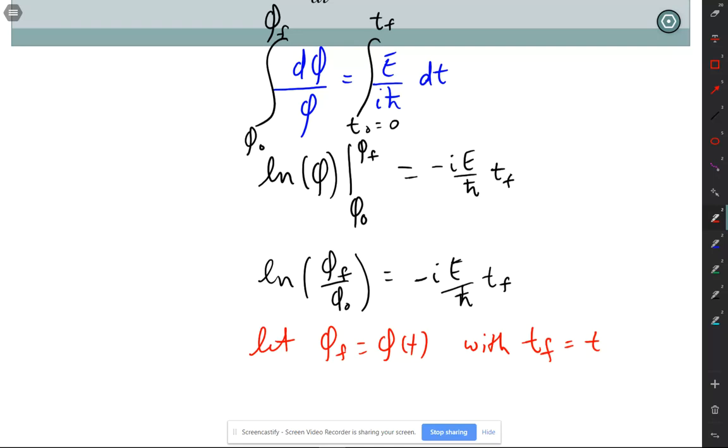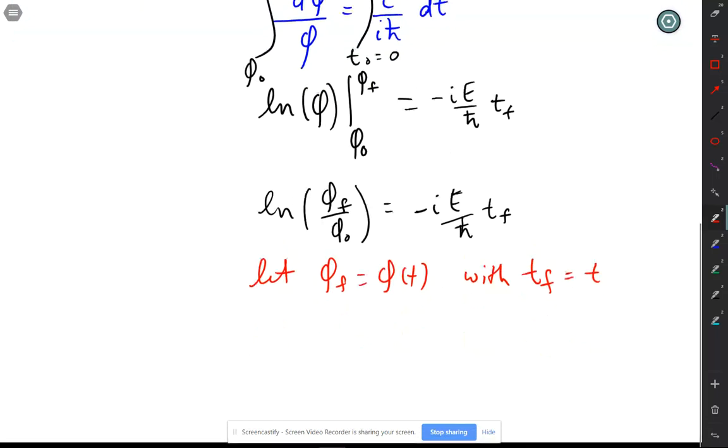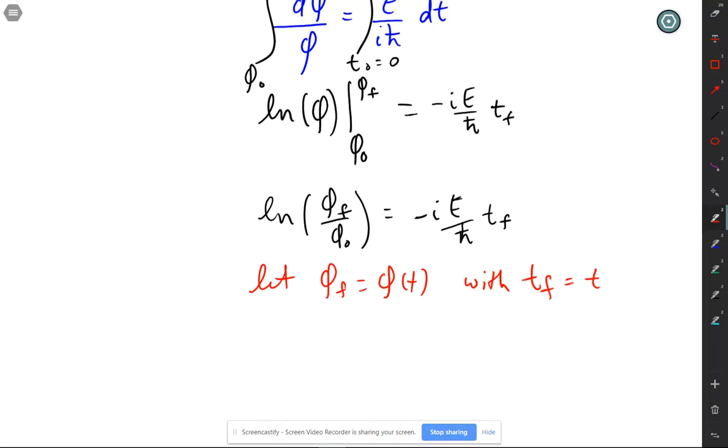And then I have one last step. How do I get rid of a natural log in a function? Yeah, the exponential, because that's the inverse function.